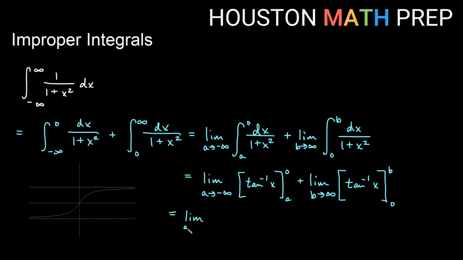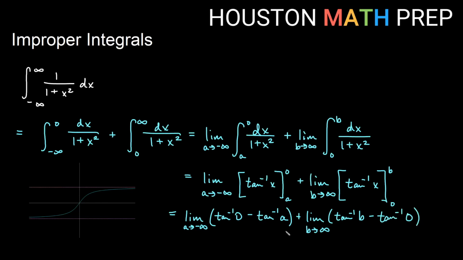So we will have the limit as a approaches negative infinity of the inverse tangent of 0 minus the inverse tangent of a, and then we will add to it the limit as b approaches positive infinity of the inverse tangent of b minus the inverse tangent of 0.